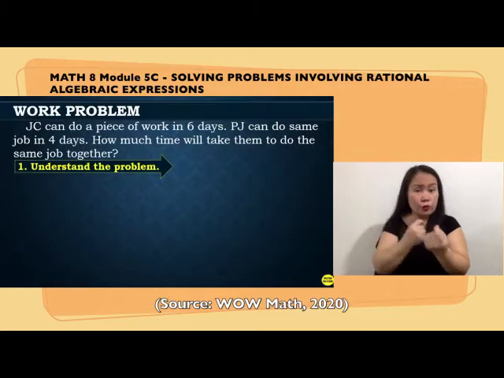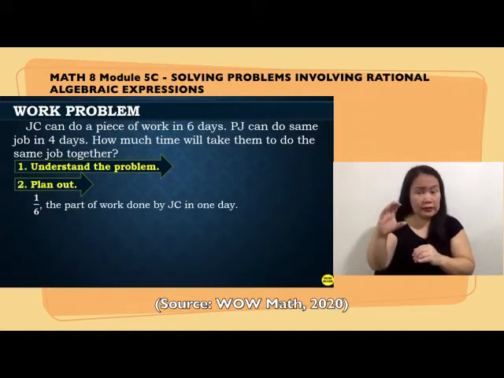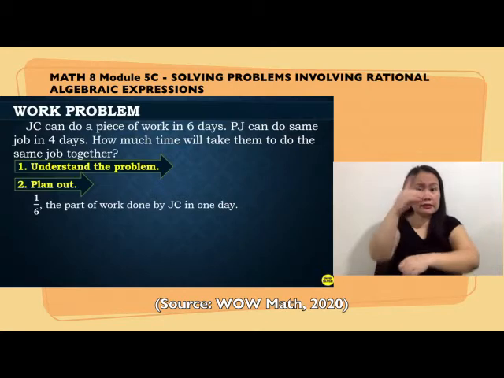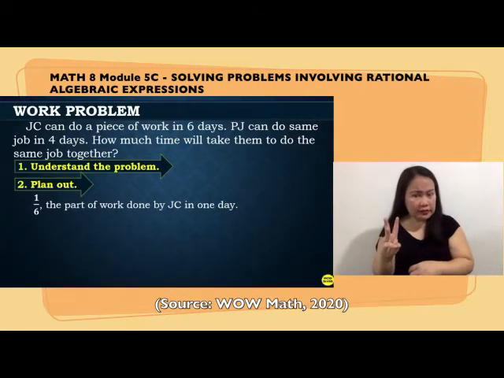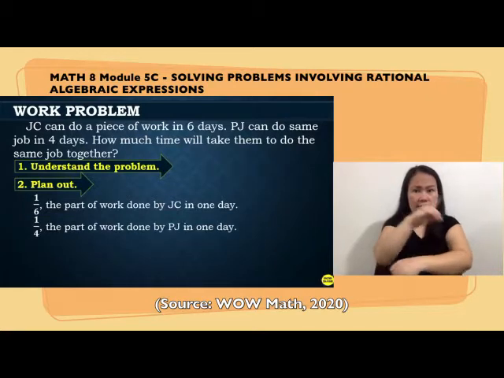So, first, you have to understand the problem. Next, plan out. Since JC can do a piece of work in 6 days, we will represent this as 1 over 6, the part of work done by JC in 1 day. And then for PJ, since he can do the same job in 4 days, that is 1 over 4.